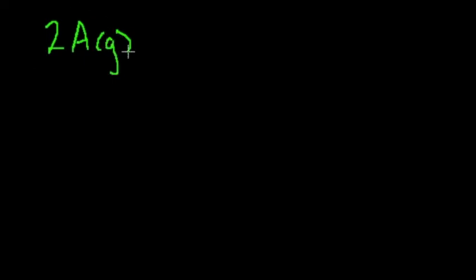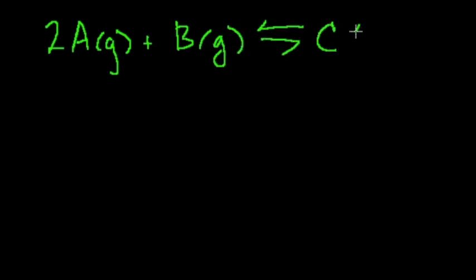And just to bring this all back to the whole idea that we saw earlier with the kinetic equilibrium, let's just imagine a reaction like this, and show that Le Chatelier's principle is consistent with everything we've learned with equilibrium constants. So let's say we had the reaction: 2 moles, or the coefficient of 2, of A in the gaseous form plus B in the gaseous form is in equilibrium with C in the gaseous form.